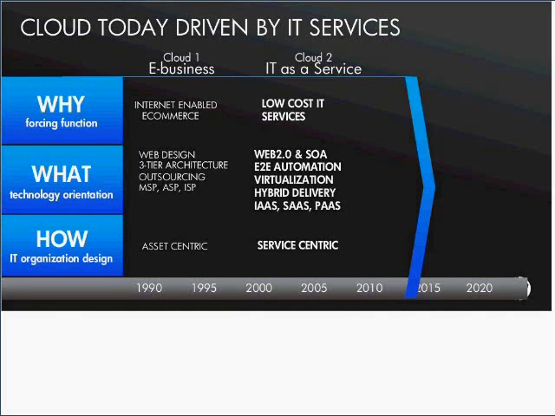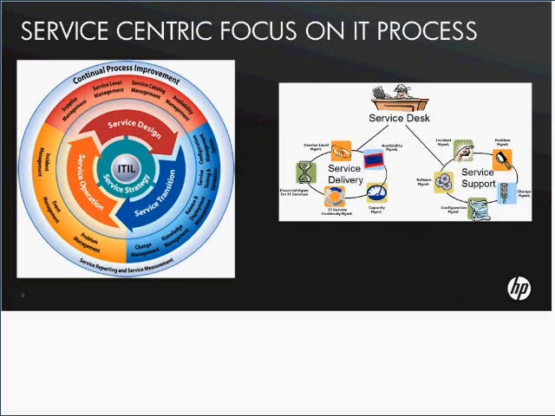In the service-centric organization model, the goal is to really have an organization that can produce services to the business. And so frameworks like ITIL are deemed to be very important in that state, right?